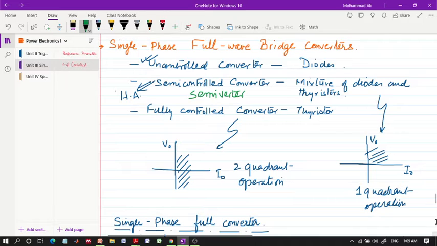So in this the power flow is in one direction only, that is from the source to the load. In this, the power basically in one part of the operation of the circuit flows from the source to the load, while in another mode the power goes from the load to the supply.